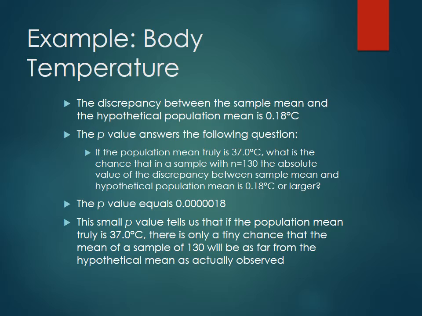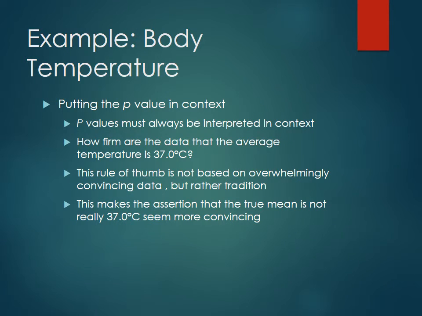Very, very small, right? So they're saying that yes, there actually is a statistically significant difference between the sample that I have and my hypothetical population mean. This means there's a very tiny chance this is just due to random sampling, and there actually is a true difference between my hypothesis and what I'm actually measuring. So again, p-values should always be interpreted within context.